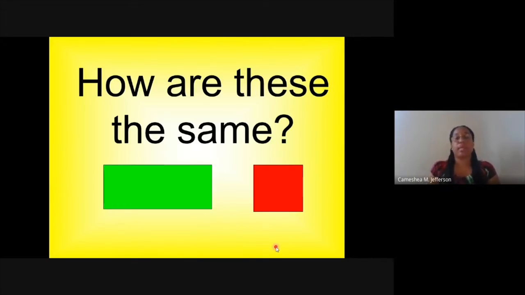I'll give you a second to think about it. These two shapes are the same because they have four sides. There are some other reasons why they're the same, but we'll learn about that in tomorrow's lesson.